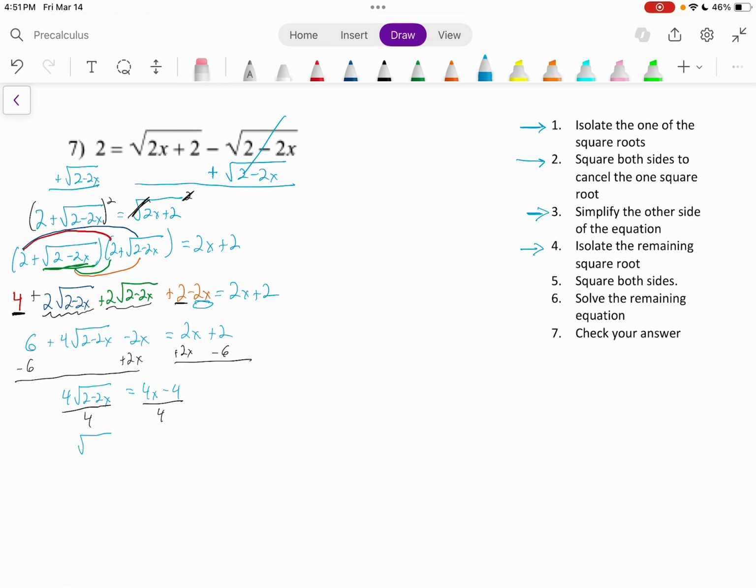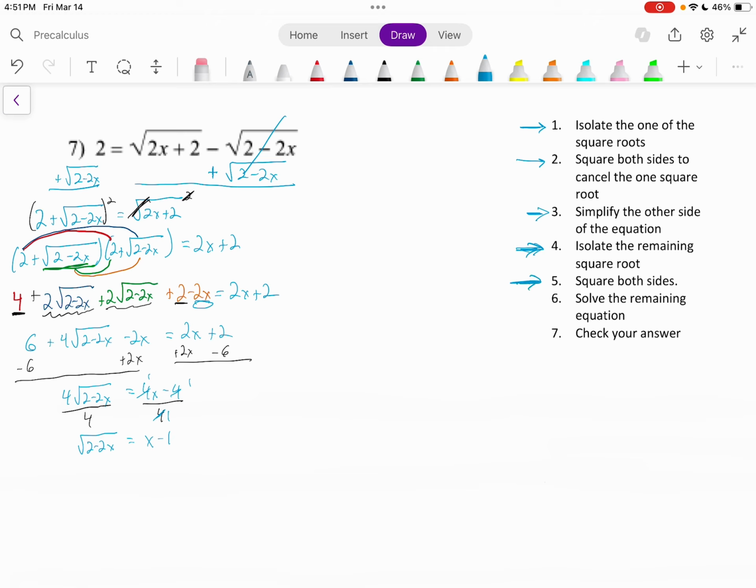And we get the square root of 2 minus 2x is equal to, now since 4 goes into every term, we can divide everything by 4, which gives us x minus 1. So we isolated the square root. Now we're going to go ahead and square both sides.